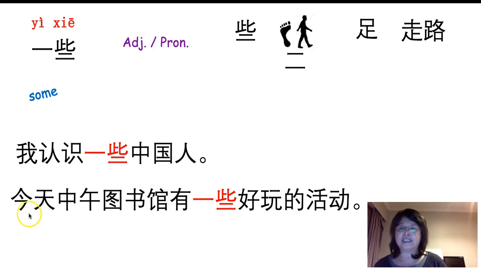Yes, another example. 今天中午图书馆有一些好玩的活动。See the time word is in front of the subject 图书馆。今天中午 because here we emphasize the time. 今天中午图书馆有 has, 一些 some, 好玩的活动 fun activities.